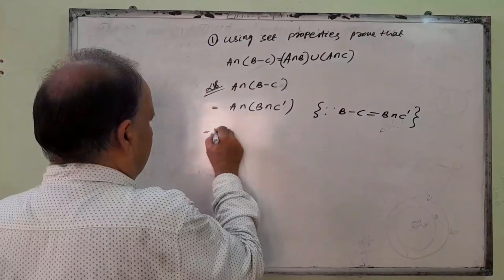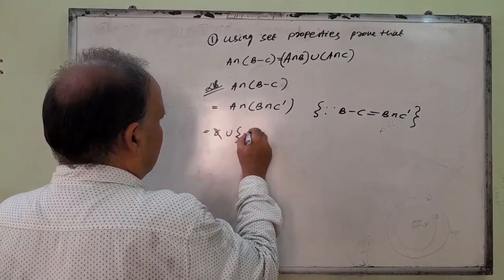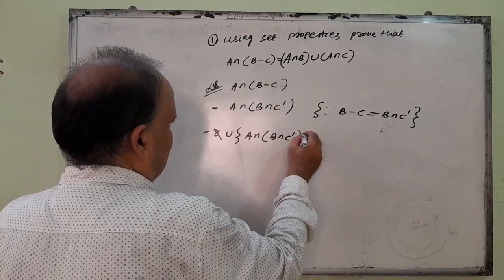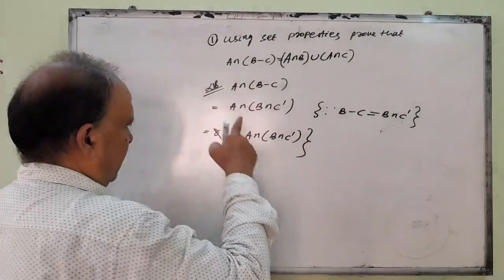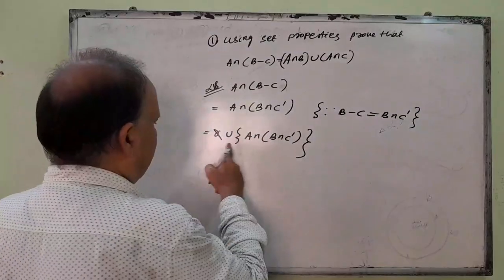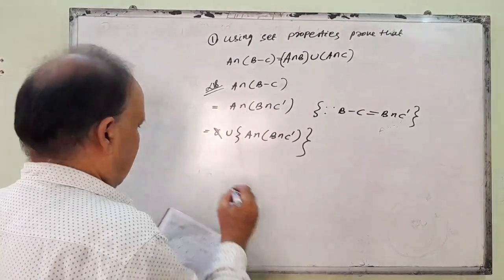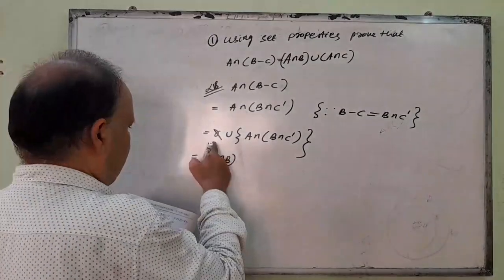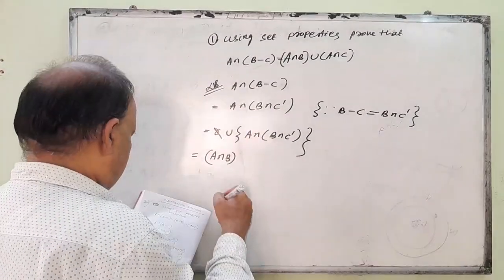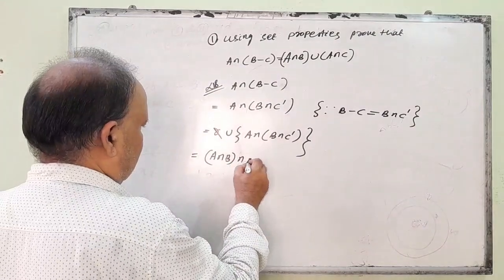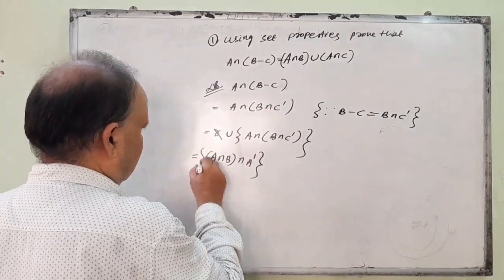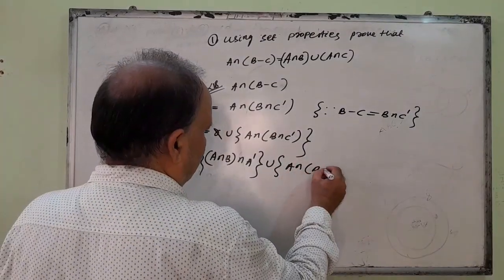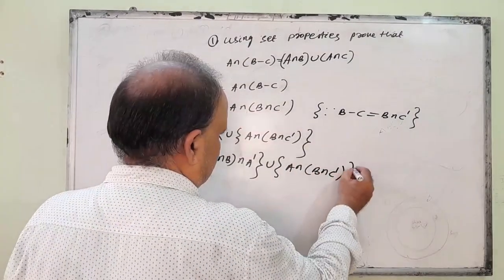That is, you can write phi union A intersection B intersection C dash, because any set in union with phi gives that set. You can write A intersection B intersection A dash in place of phi, union A intersection B intersection C dash.